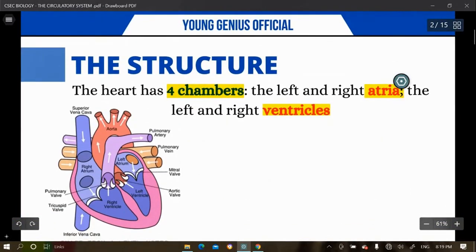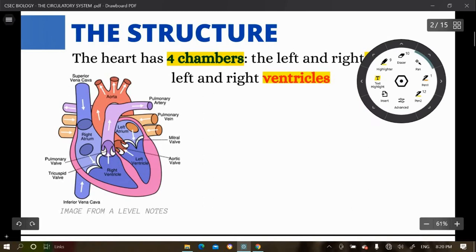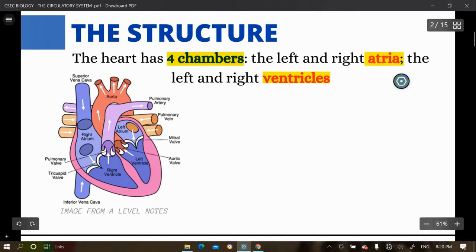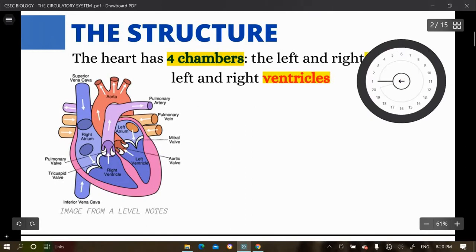So the structure of the heart, right? The heart has 4 chambers, and we know this. It has a left side and a right side, and the left side is separated from the right side by this thing here, what we call the interventricular septum.